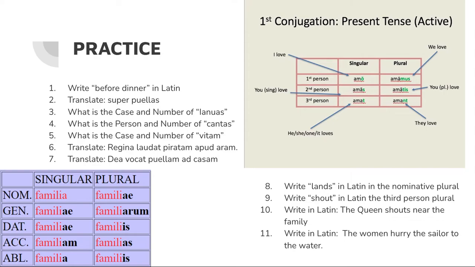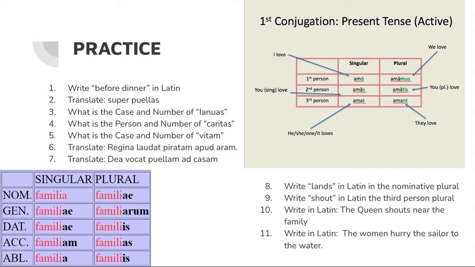So since it's in the accusative singular, it's the direct object, so it's just going to translate normally, and it'll be the goddess calls the girl. And then ad casam, ad, if you remember from before, means to. So the goddess calls the girl to, and casam is the accusative singular of casa, and casa means house. So the goddess calls the girl to the house. That's number 7.